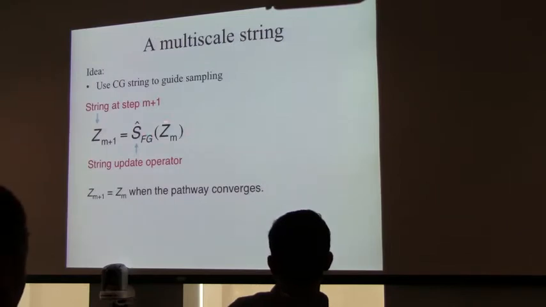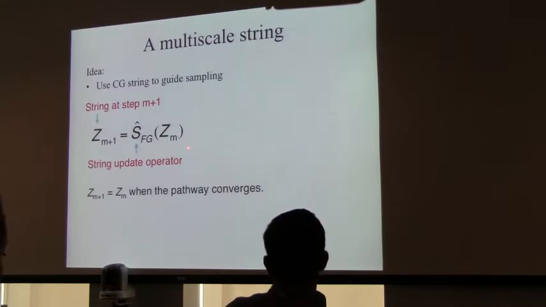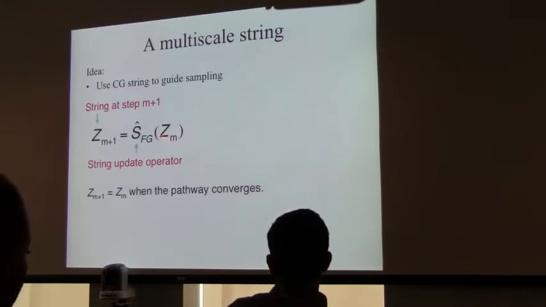So this Z here, that's the path in the collective variable space, okay, at some particular iteration of the optimization. So that might be that really bad guess that Benoit started off with, or a couple steps later. And then this S operator, that's going to be all of those string operations that he told you about: launching the swarms, the reparameterization of the path to get evenly spaced images in the arc length, and so forth.